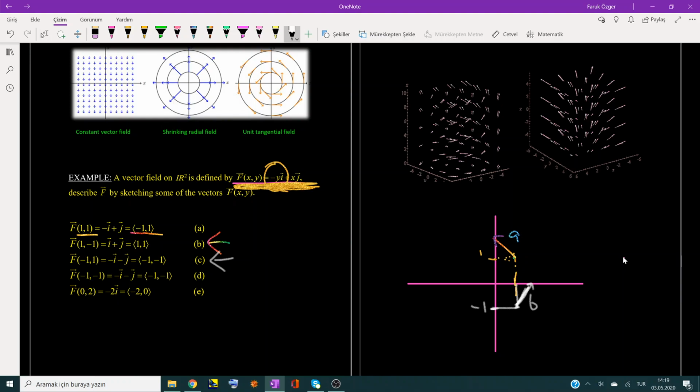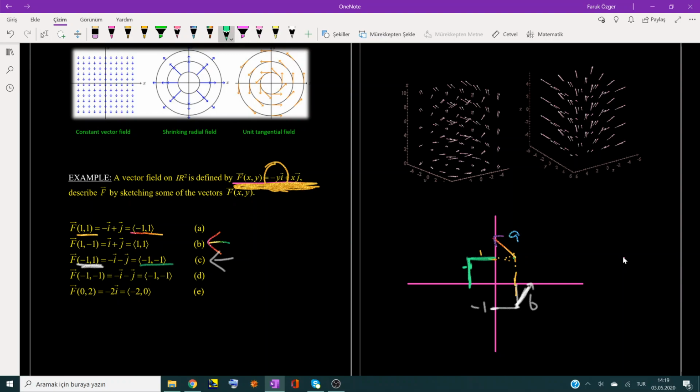Let's look at the point C. At the point minus 1 and 1, this is the point minus 1 and 1. At this point the vector field generates the vector minus 1 and minus 1.